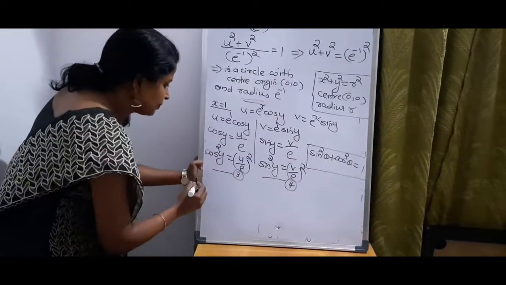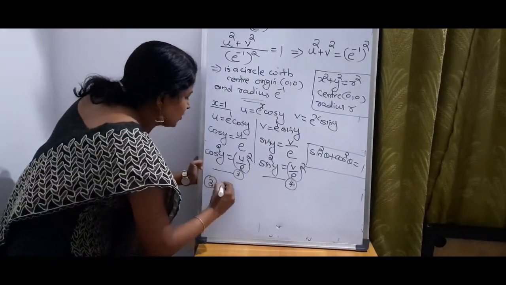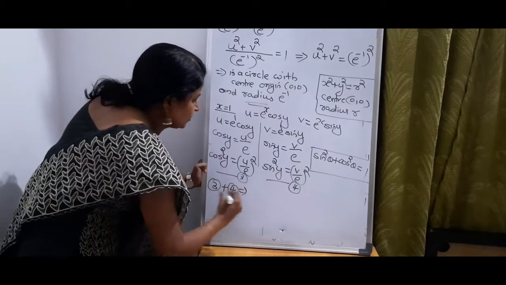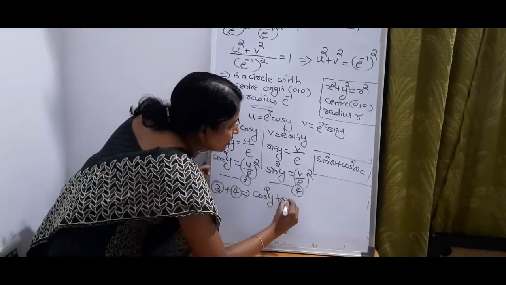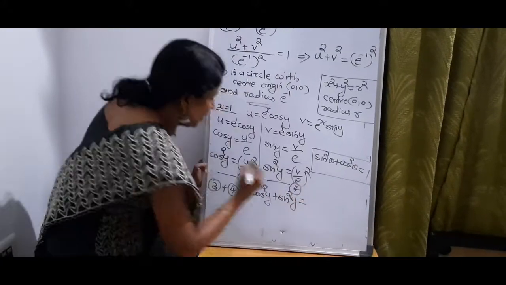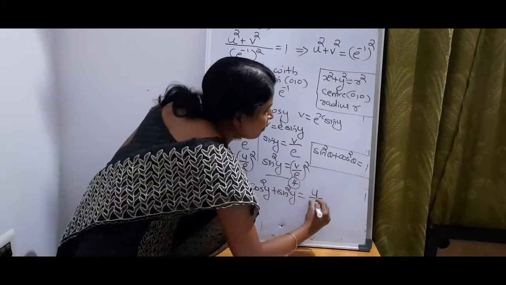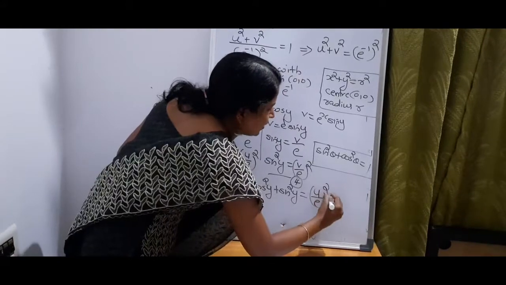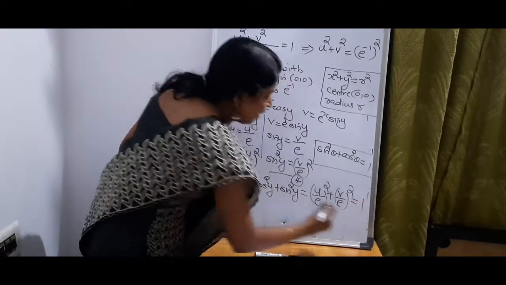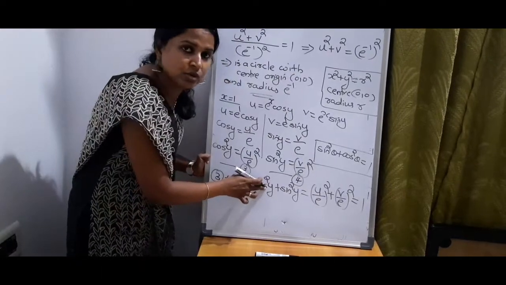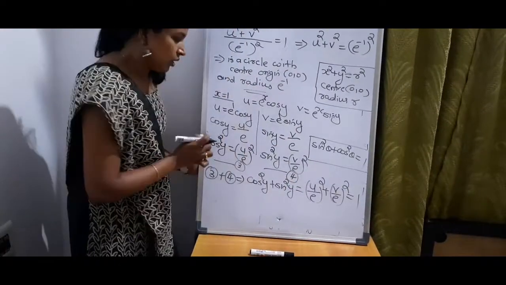Then 3 plus 4 implies cos square y plus sin square y equal to u by e whole square plus v by e whole square equal to 1, since sin square y plus cos square y equal to 1.